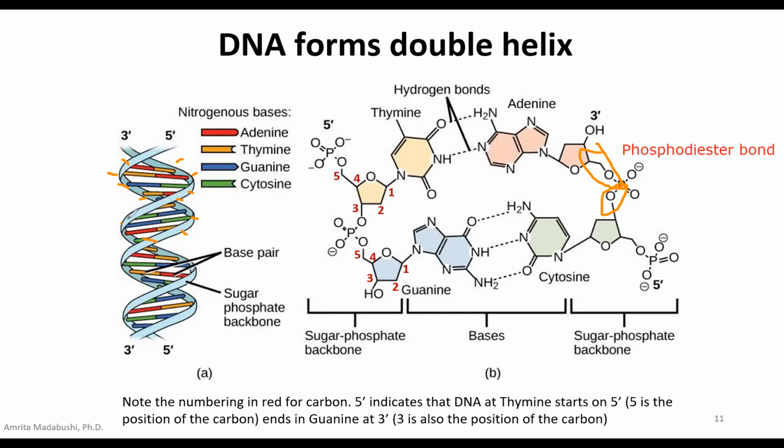So DNA is completely negatively charged because of the phosphodiester bond. Hydrogen bond, of course, does not create any charge. Those are the things to remember when we are marking those bonds as to what they are.